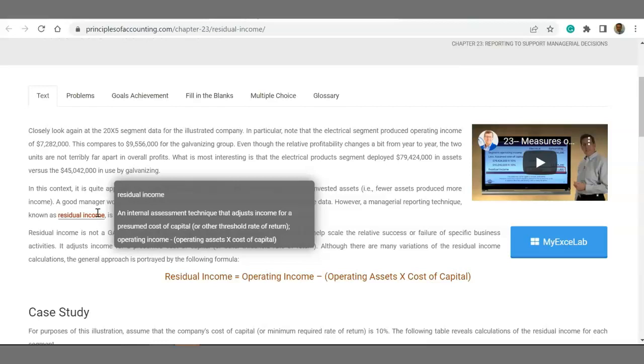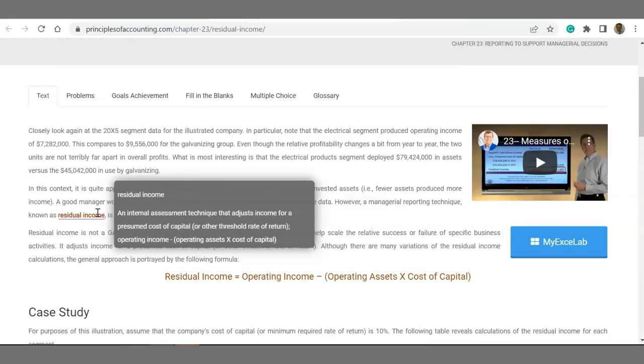Okay, so what is residual income? The residual income is technically any profit from operating income in excess of the cost of having all those operating assets. When you buy operating assets, that has a cost. You need to pay some interest, you have to pay some dividend.